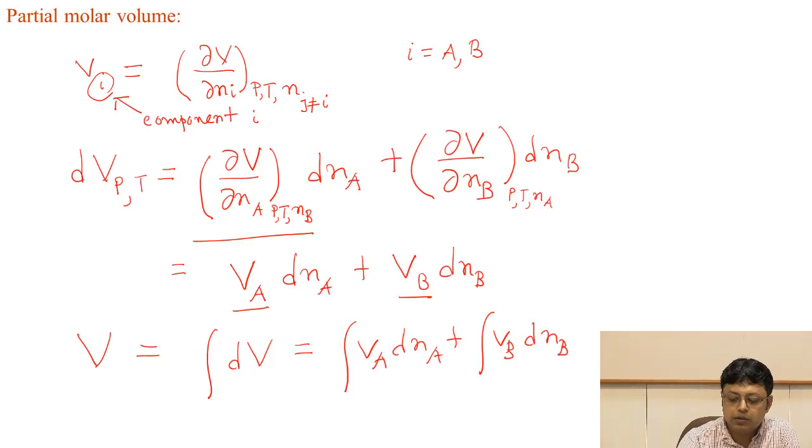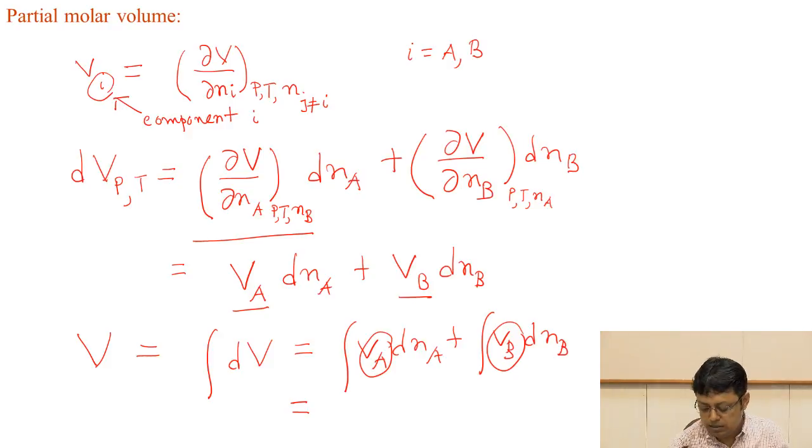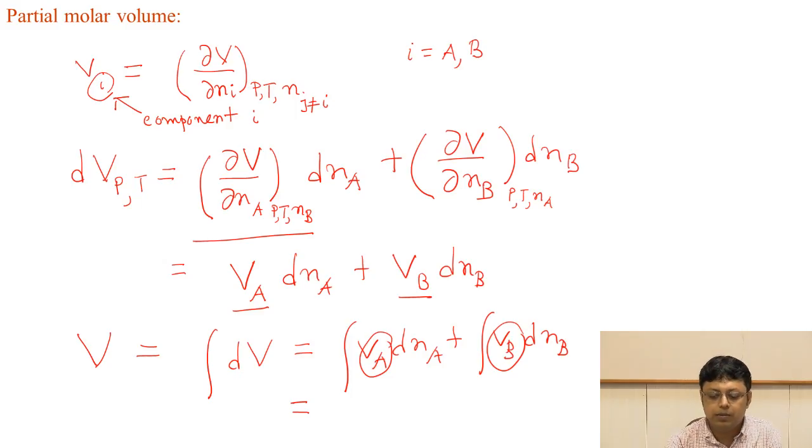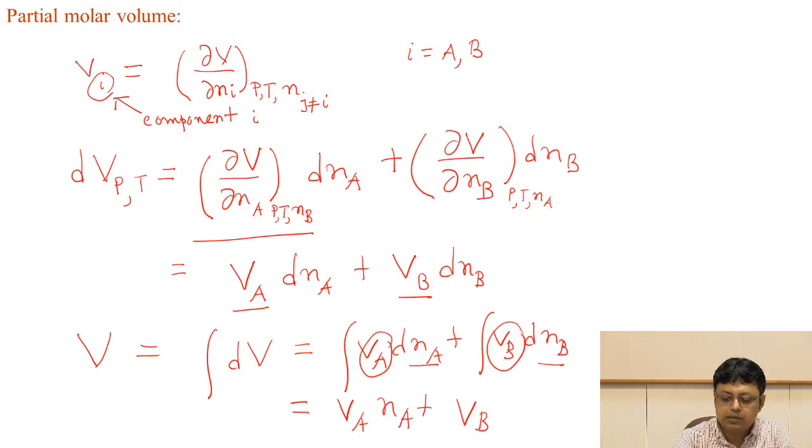If we assume that Va and Vb are not changing over the entire range of change, which is an approximation of course, because we showed that the curves are very much nonlinear in nature, but still assuming Va and Vb are constant when we change Na and Nb, then with some approximation we can write V equals Va Na plus Vb Nb.